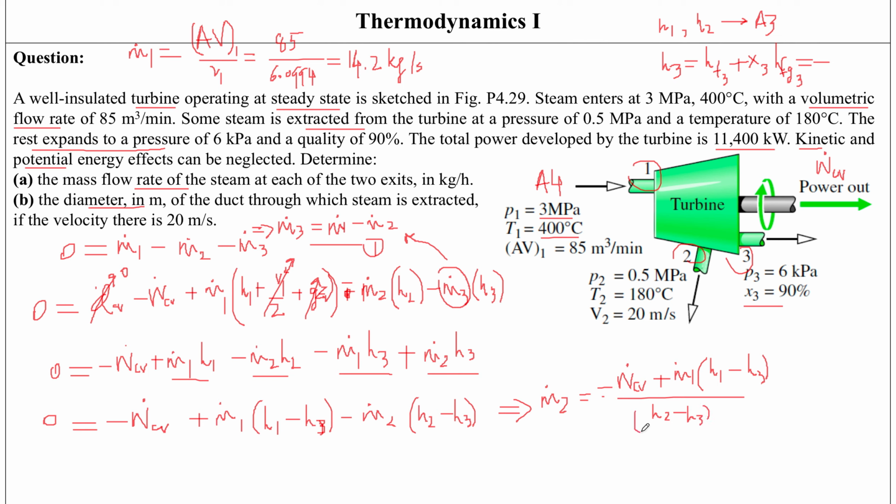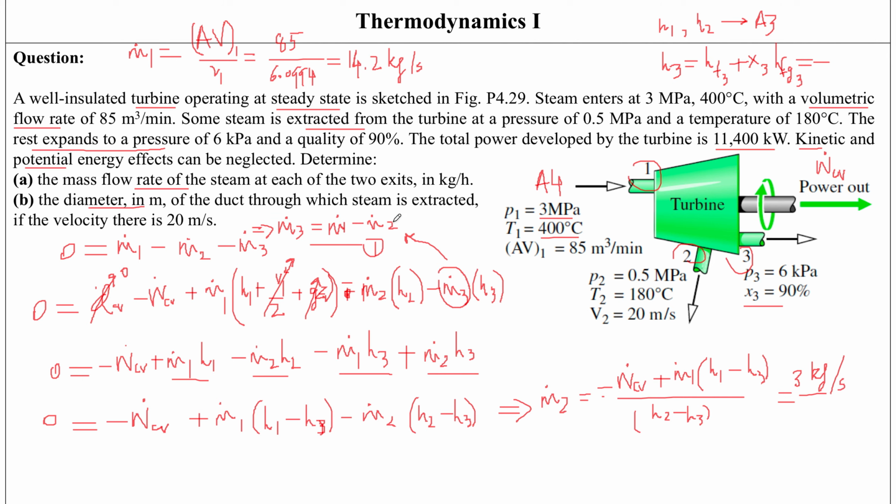Okay, so you've got m dot 2 that you found out from here, and I'm just going to write down what the value is going to be so you can compare. And it's going to be around 3 kilograms per second.